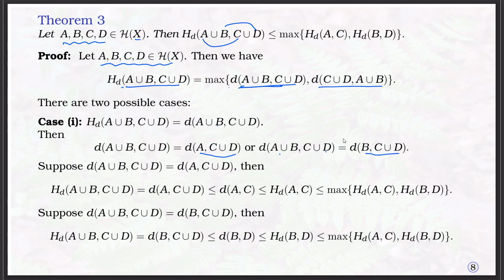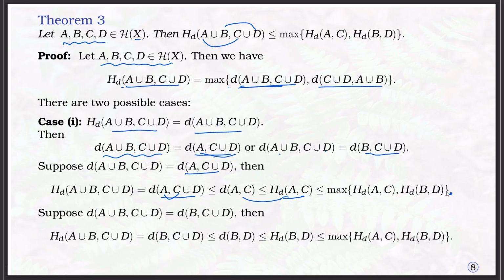There are two cases. Suppose the distance between A union B and C union D equals, again, the first one. If this is equal to this one, then one can arrive at the Hausdorff distance between this one equal to this quantity, which is less than or equal to the distance between A and C, lesser than the Hausdorff distance between A and C, which is less than or equal to the maximum of the Hausdorff distance between AC and BD.